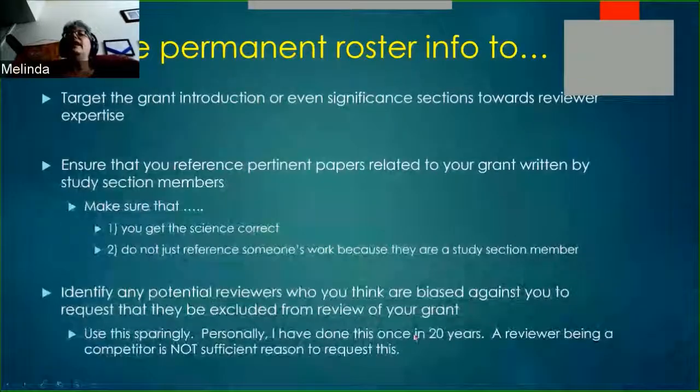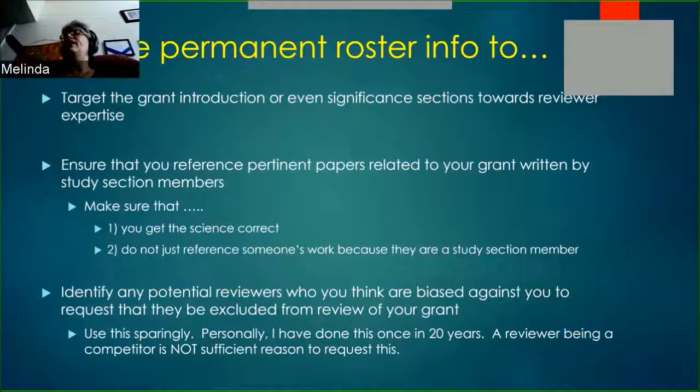Now, the NIH actually did a study, and the study in the end showed the biggest predictor that somebody's going to give a grant a great score is that they are a direct subject matter expert in the field. It is a lot harder to convince somebody out of your field that your grant is in the top 5 or 10 or 15% of all grants submitted than it is to convince somebody who is in your field.